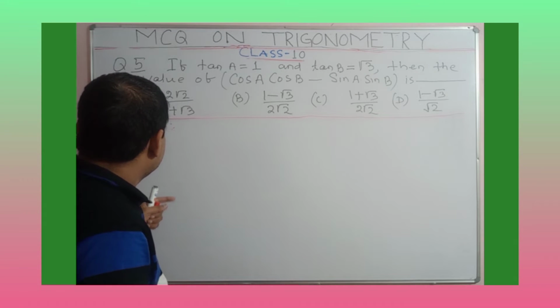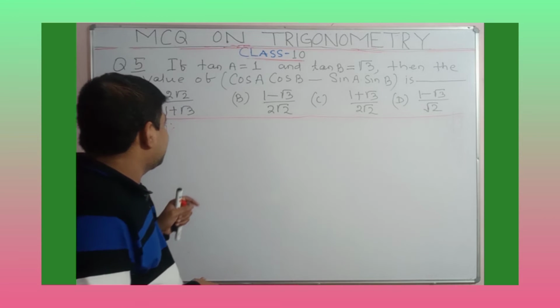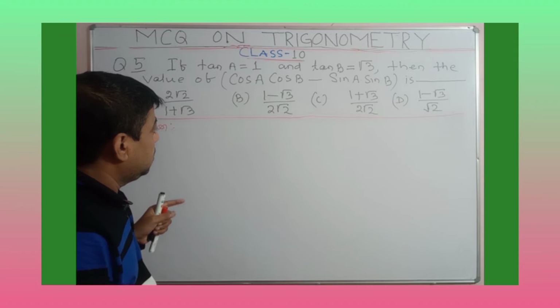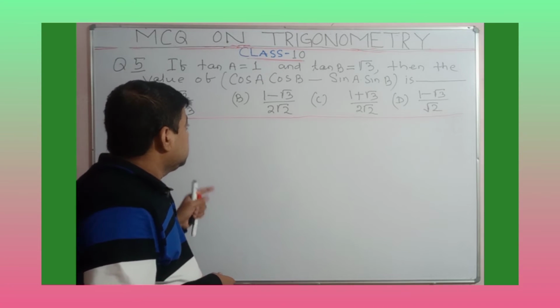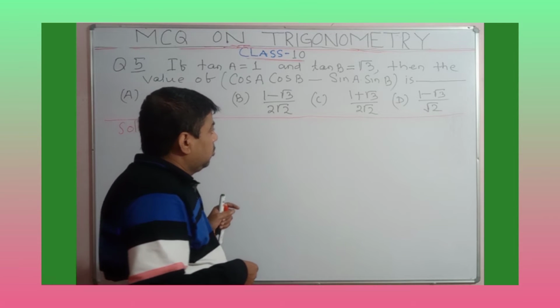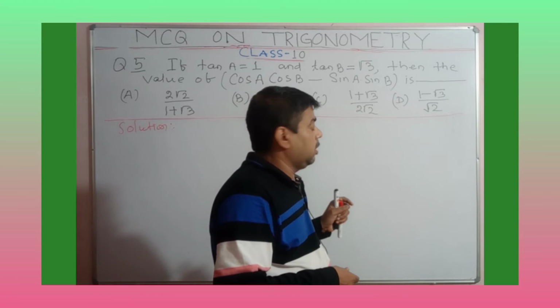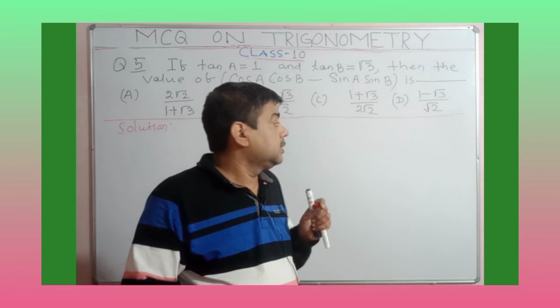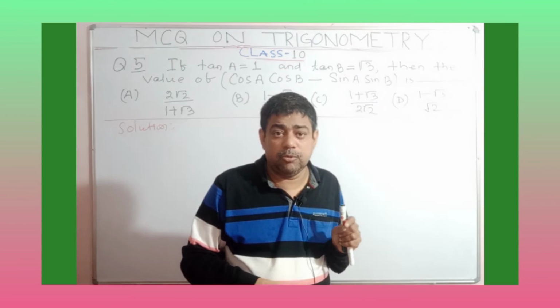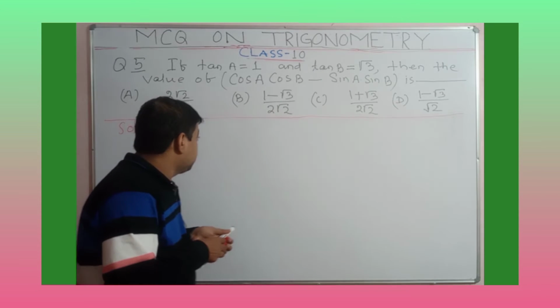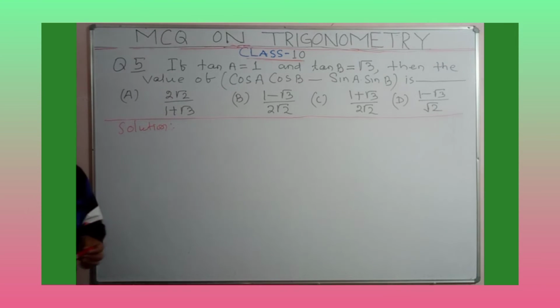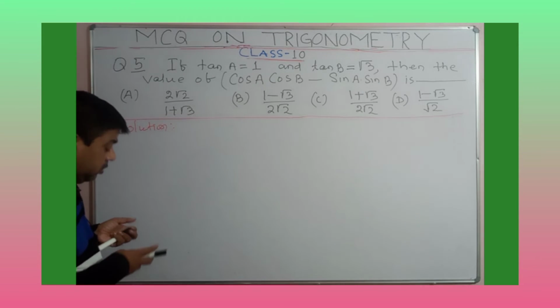Option A: 2 root 2 divided by 1 plus root 2. Option B: 1 minus root 3 divided by 2 root 2. Option C: 1 plus root 3 divided by 2 root 2. Option D: 1 minus root 3 divided by root 2. So here are 4 options for you and here is the given condition, and using the given condition you have to find the required value.